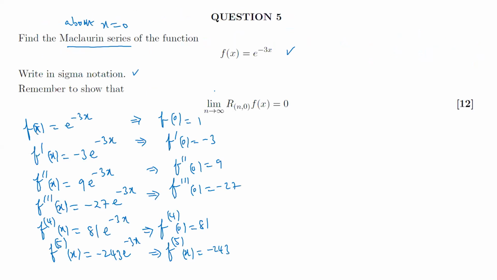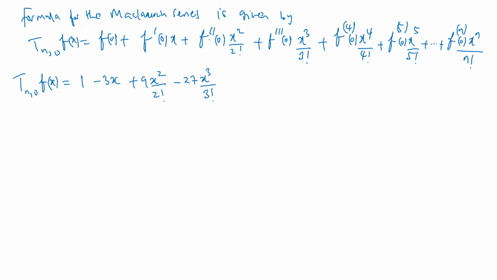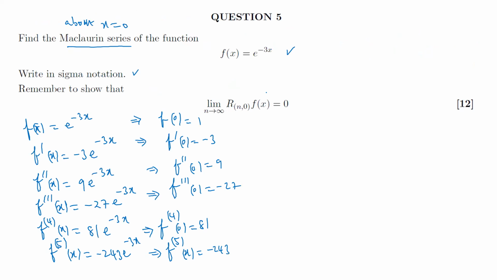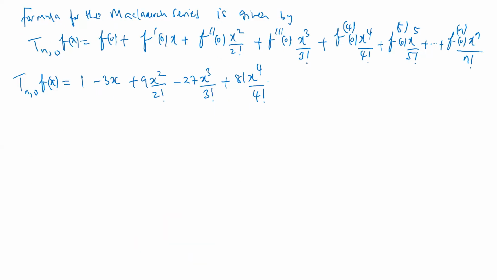F fourth derivative 81. F fifth derivative minus 243, over 5 factorial.